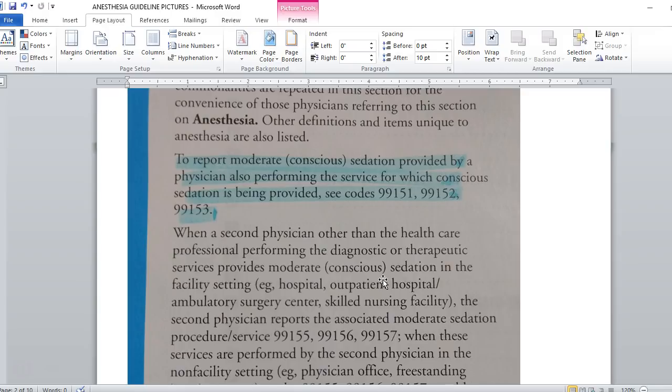And the bullseye meant that that procedure included moderate sedation, but there were so many problems with billing for it that eventually the doctors and the anesthesiologists said, you know what, we need to just create their own set of codes. So we will go over this code set, 99151 to 99157, when we do medicine, because it's in the back of the book.